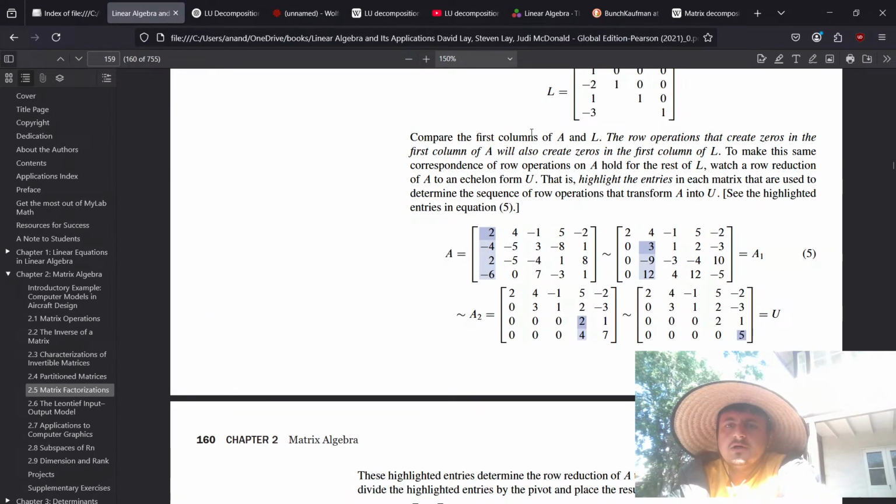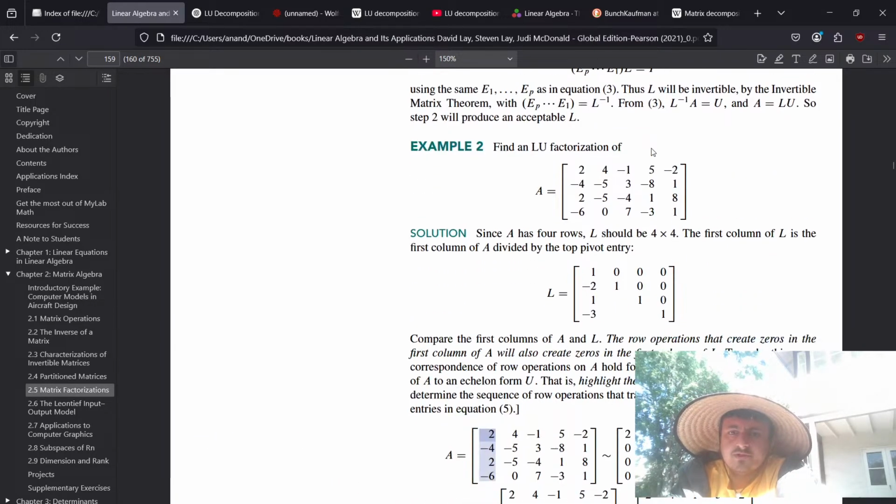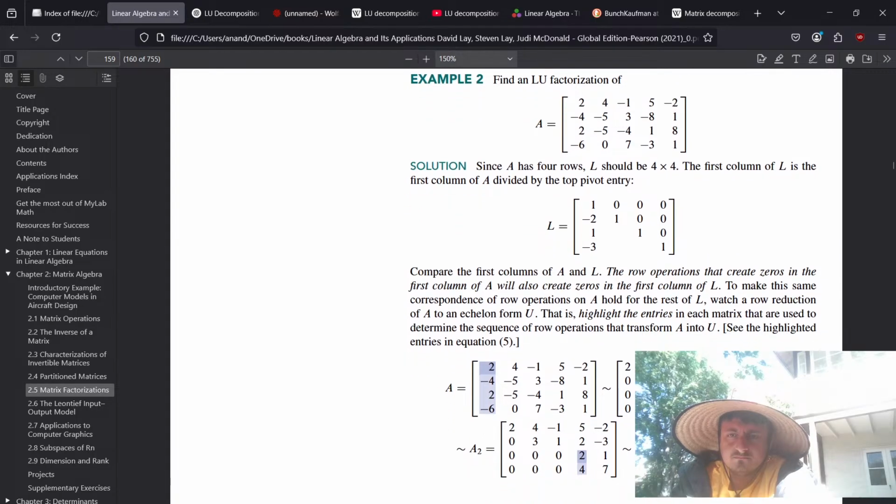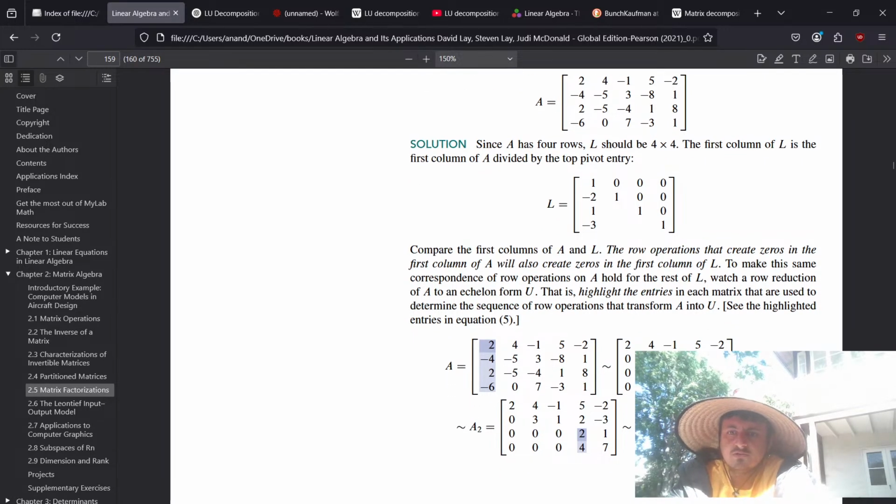Okay, hold on. Let's just read it. Compare the first columns of A and L. The row operations that create zeros in the first column of A will also create zeros in the first column of L. Oh, that's true, huh?